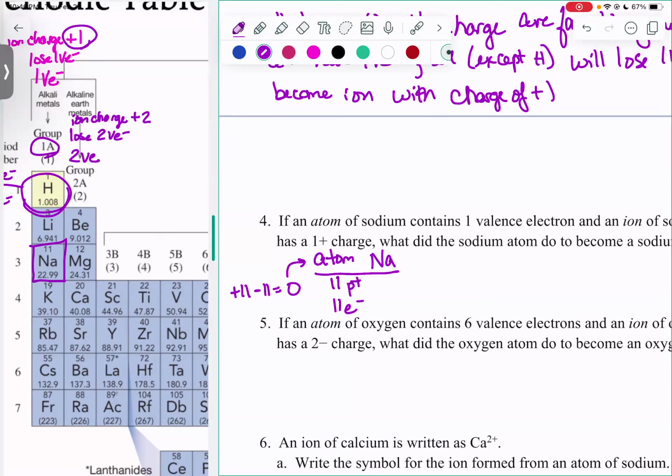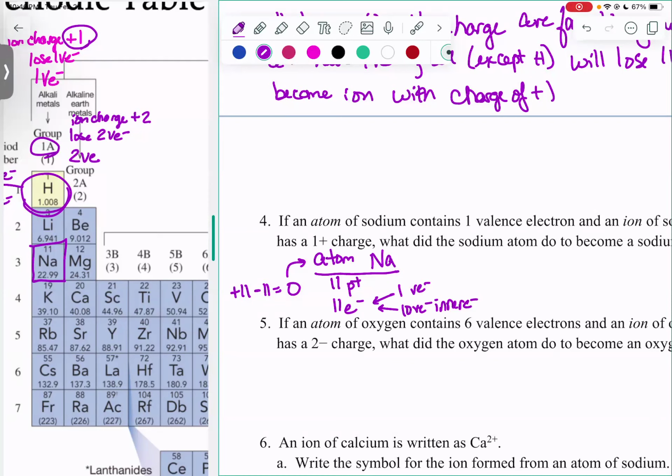And if I look at these electrons, tell me about these electrons. In these 11 electrons, 1 electron is a valence electron, right? The rest of them, so there are 10 left, are inner electrons.